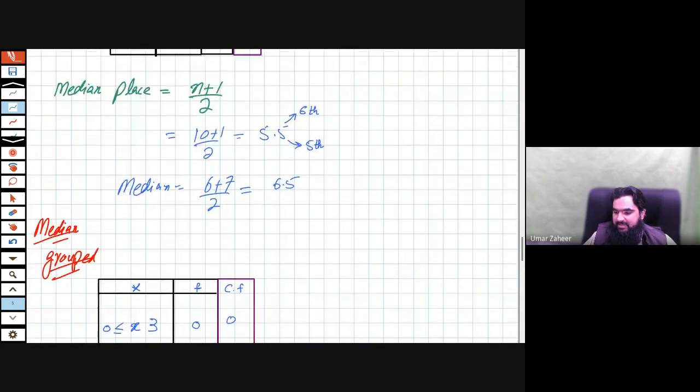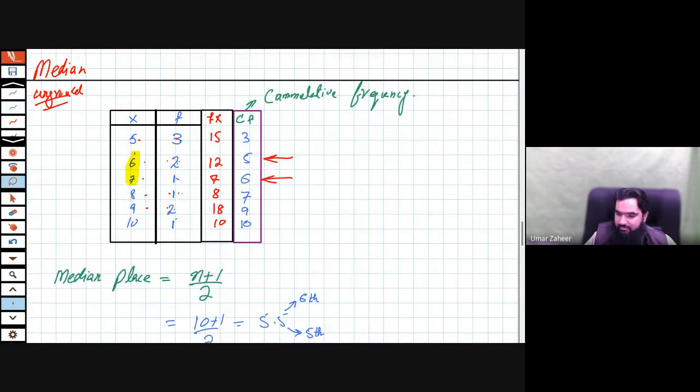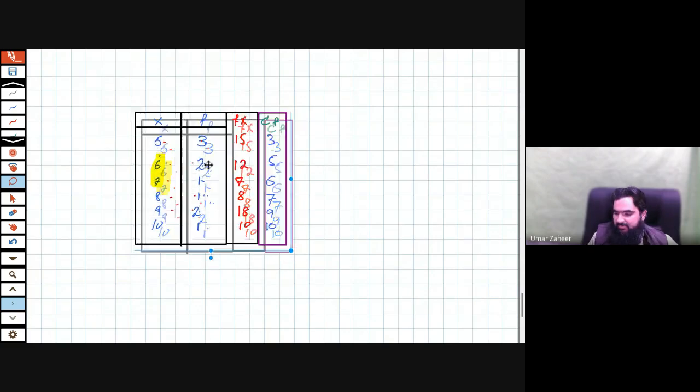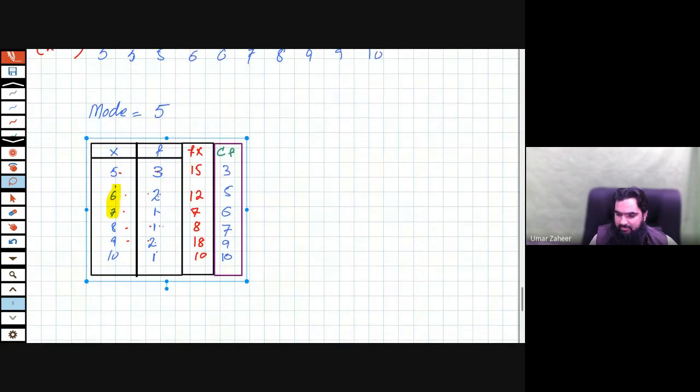If this same data is written in ungrouped form, you have the data in the ungrouped form.